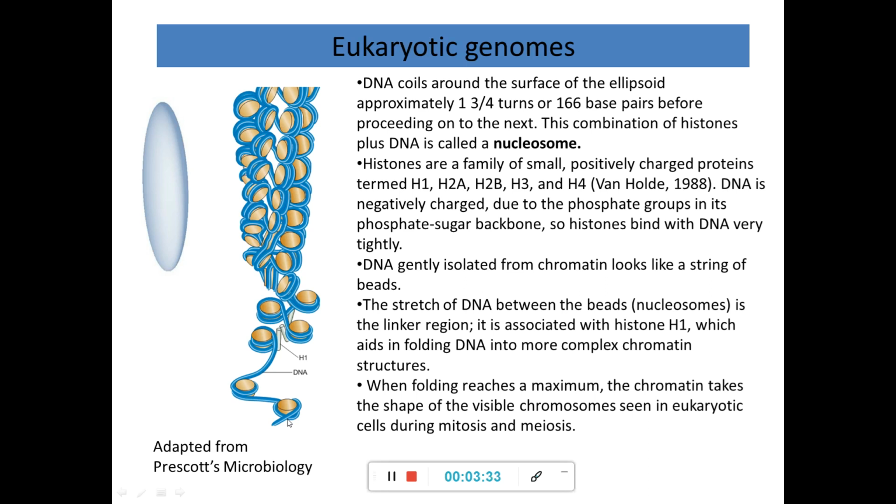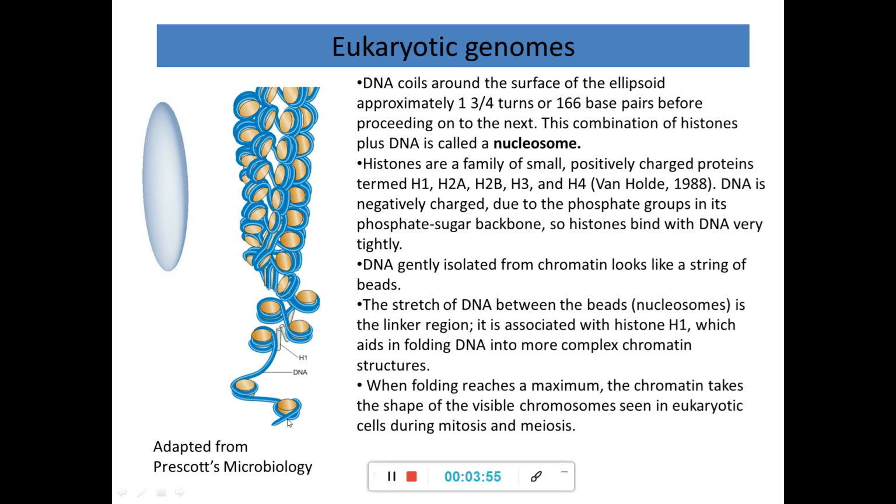These proteins are positively charged and they are linked to DNA, which is negatively charged. Because of this positive and negative charge difference, the binding of the DNA to the histones becomes very tight.